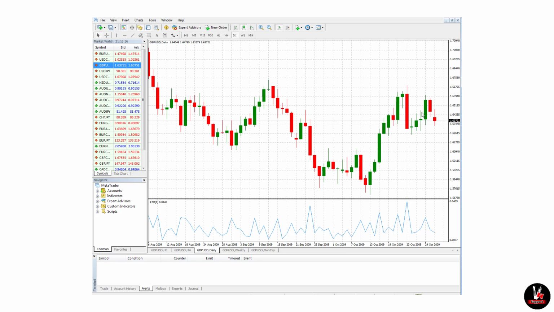Maybe some bottoming out here due to these particular types of candlesticks. Actually, there we have an inside bar, and we could actually trade the inside bar. Let's take a look.